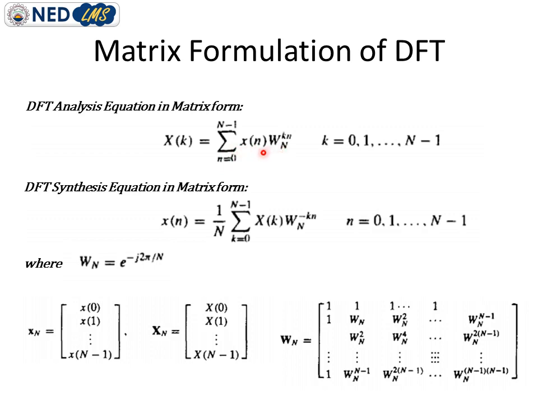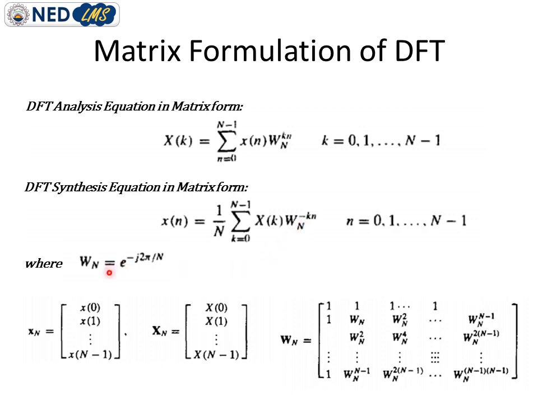The first one is x of n, which is the original signal, and the second one is the transformation matrix, which is w of n. And you can see that wn is this type of matrix. If we want to synthesize our signal, we can use this equation, in which we have used the inverse of w.